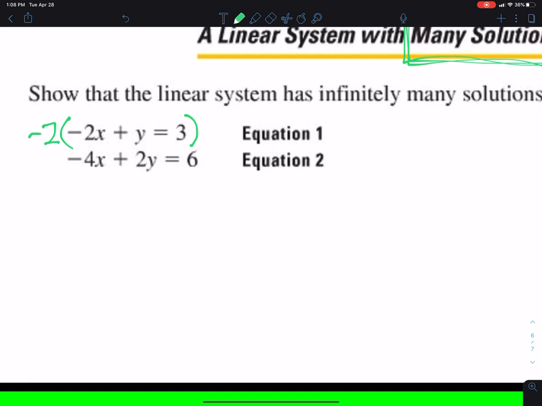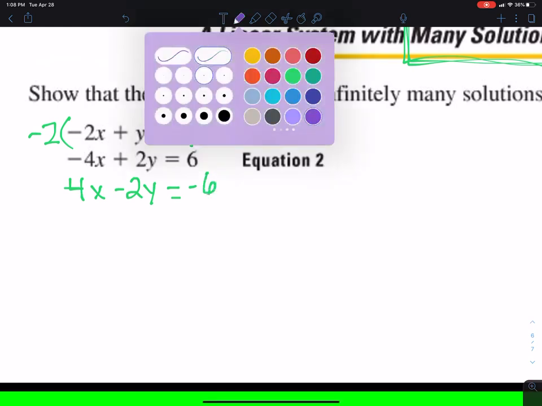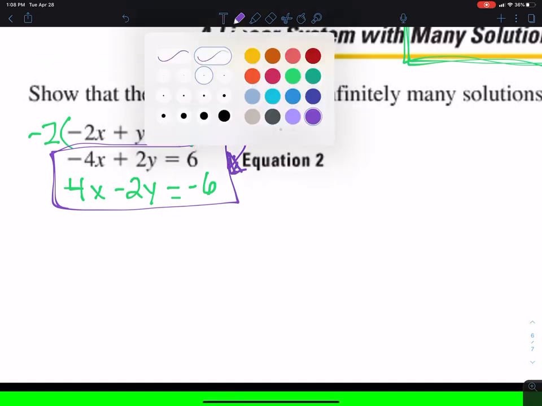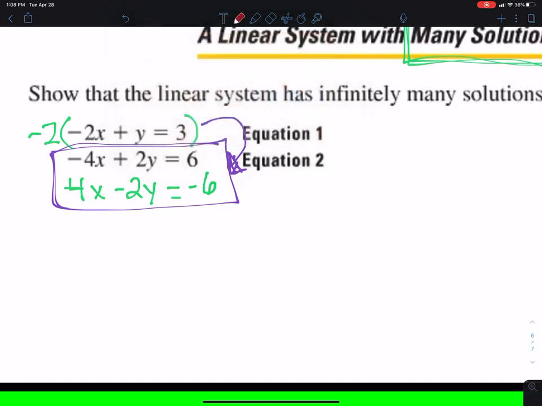So we'll get positive 4x minus 2y equals negative 6. Now in this problem, we are working with these bottom two equations because we moved this one down here by multiplying the top one by negative 2. Now we're going to solve. Negative 4x plus 4x cancels out.